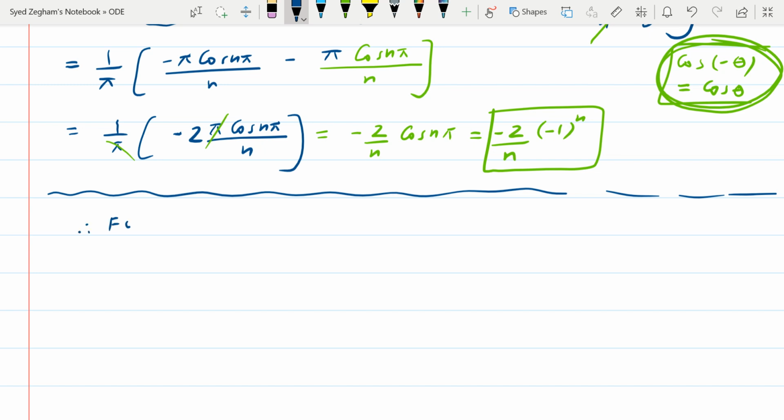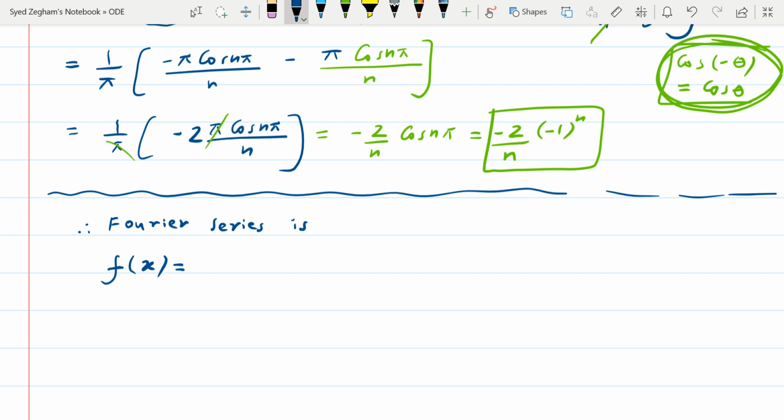Therefore, the Fourier series is f(x) is equal to a naught divided by 2, that part will become 0, summation a n cosine n pi x divided by L, that part also will become 0, so we don't need to write that at all.